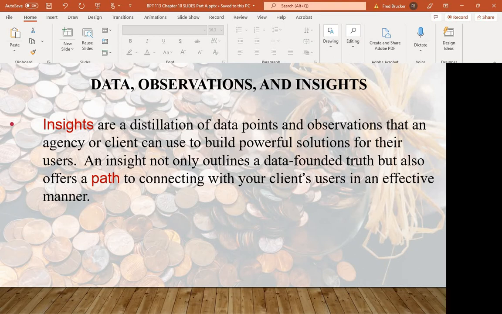So you're basically taking all the numbers, you're taking the observations based on that data, and you're trying to make that information work in a particular situation. How can we use that information to our advantage? What do these things lead us to in terms of various action steps that we can take?